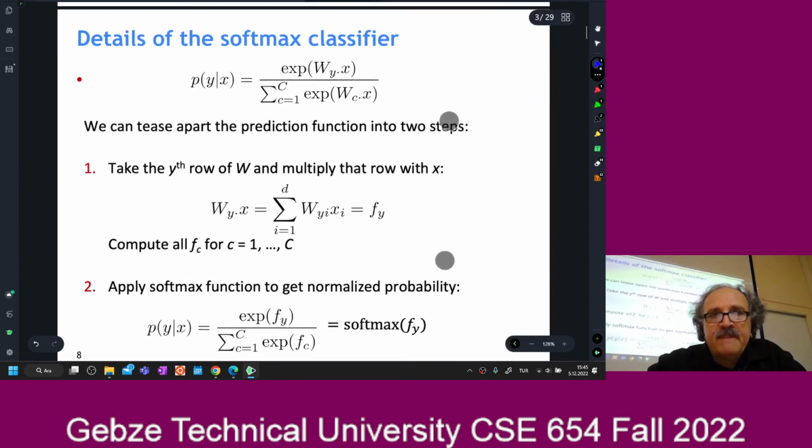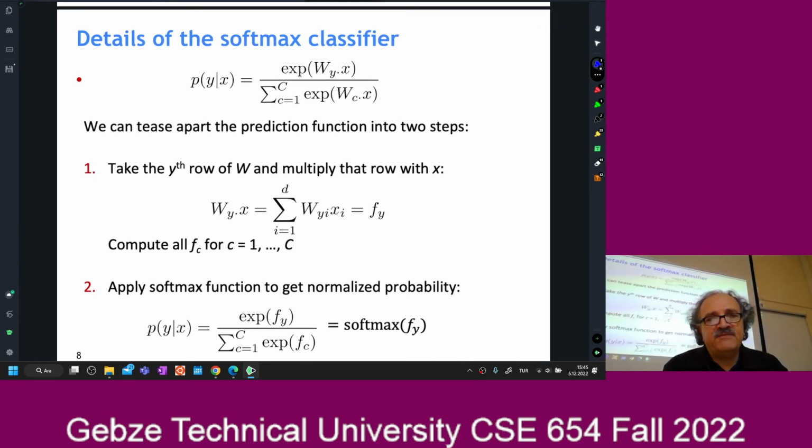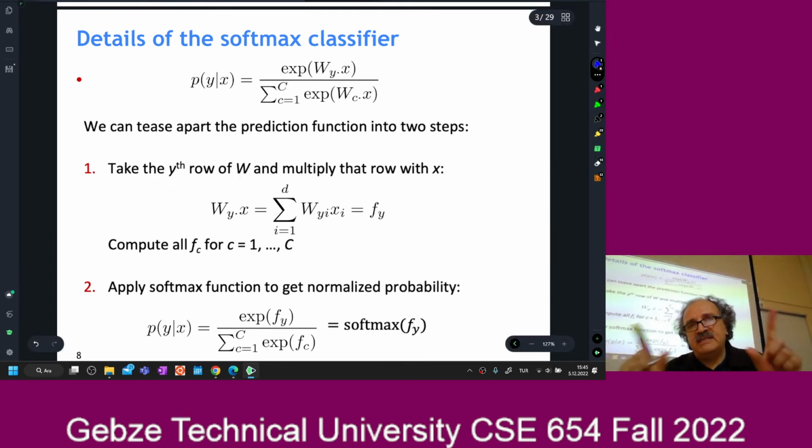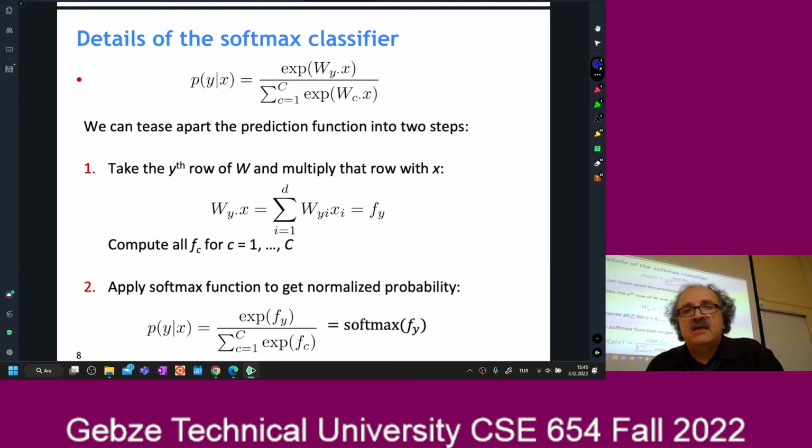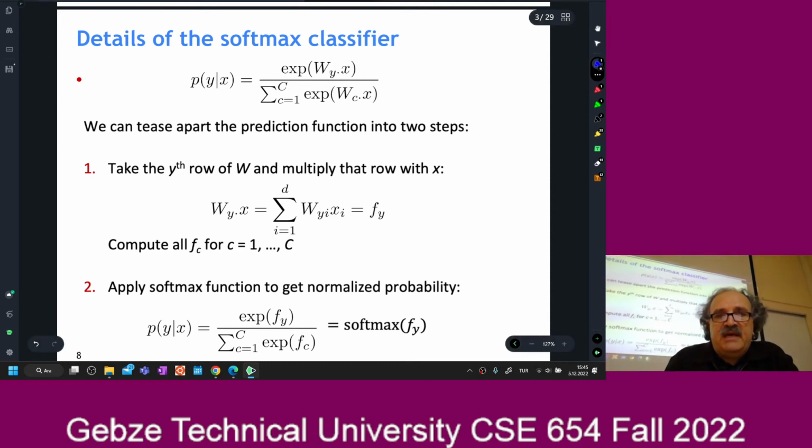So, details of the softmax classifier. For this softmax classifier, we take the y-th row of W. Remember, W is a matrix of numbers, and the number of rows of W is the number of classes. X is just a feature vector.